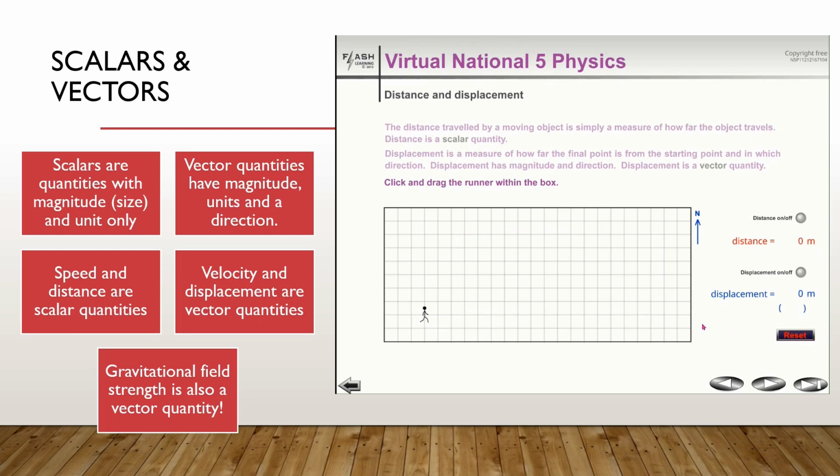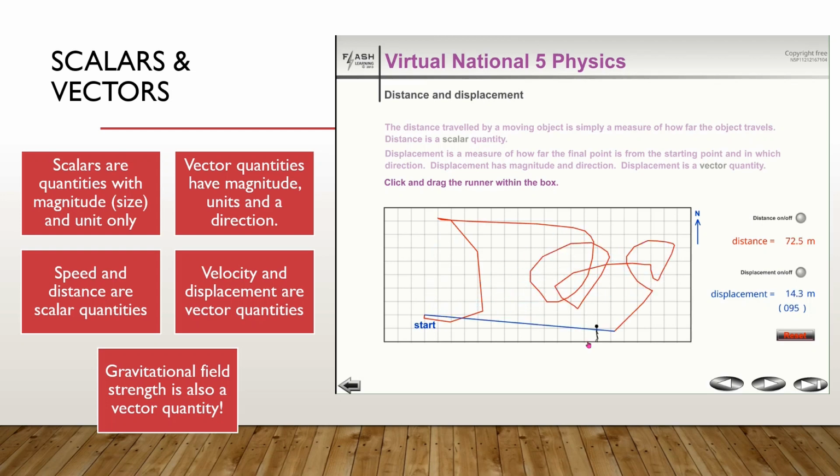Let's try another one. If I go in a straight line, which is almost a straight line, you could see that the distance and the displacement would have the same magnitude, but I would still need a bearing or a direction for my displacement. Okay, one other one that I think of, if I go all over the place, and we go back, okay.